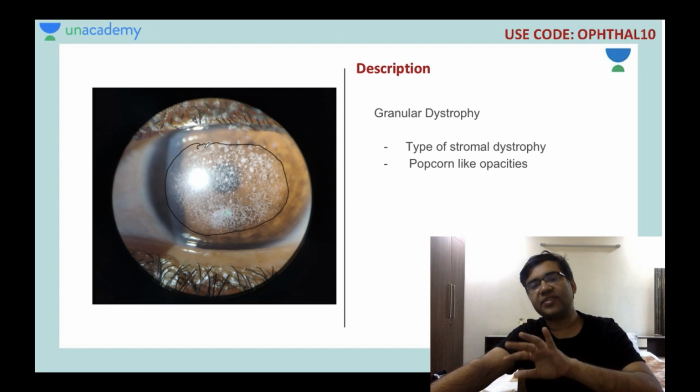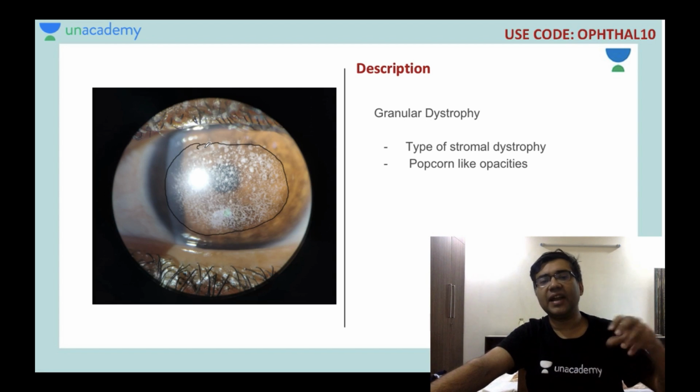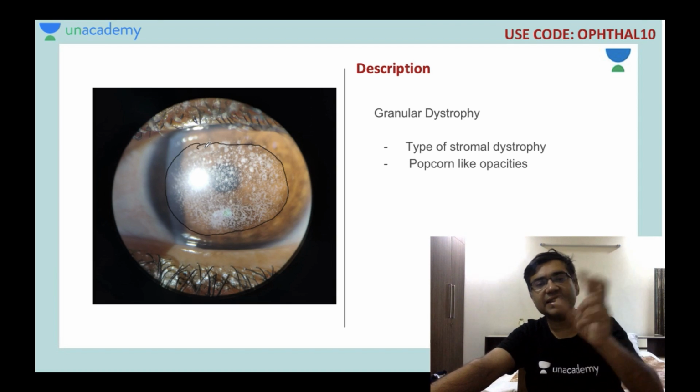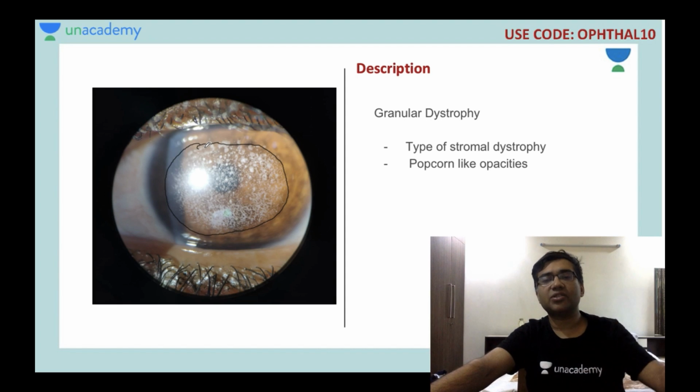That is the difference between a corneal dystrophy and an opacity. A usual opacity which is there after a corneal ulcer or after trauma has signs of inflammation. A dystrophy does not have any sign of inflammation. The second important thing regarding the dystrophy is that it does not have any vascularization.